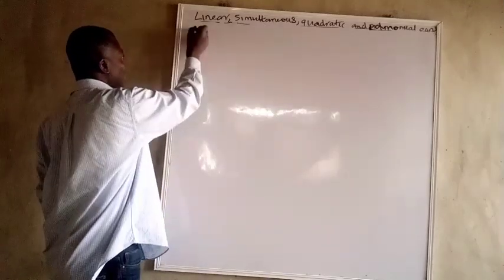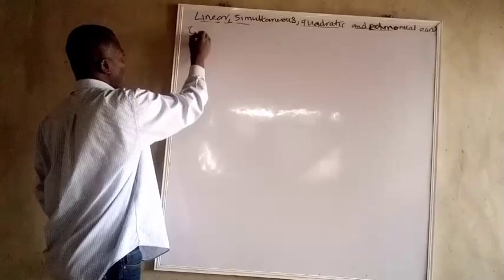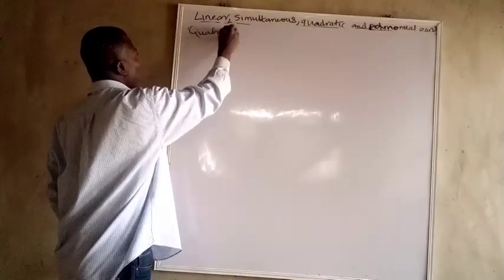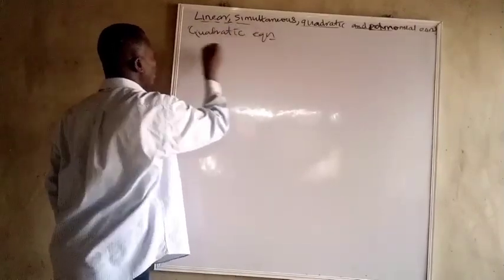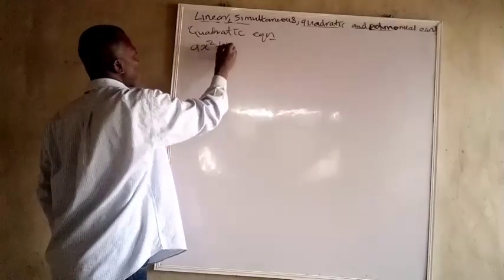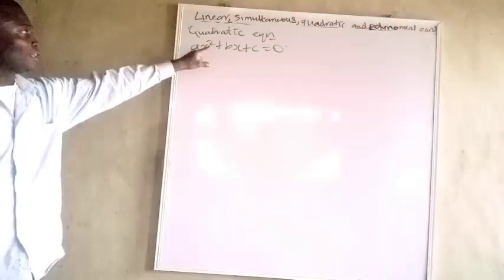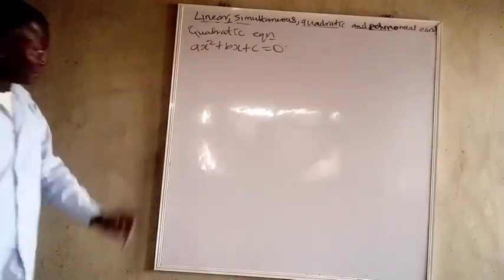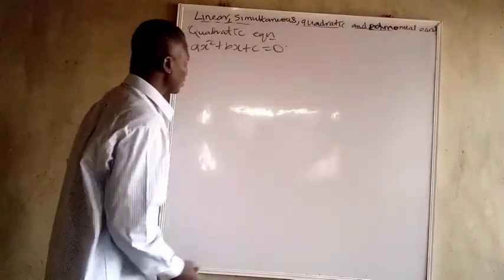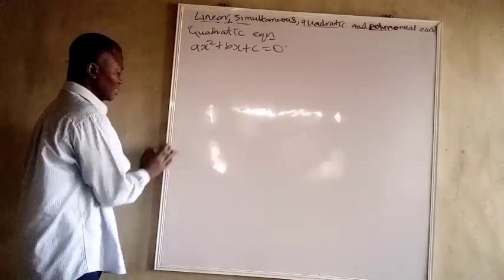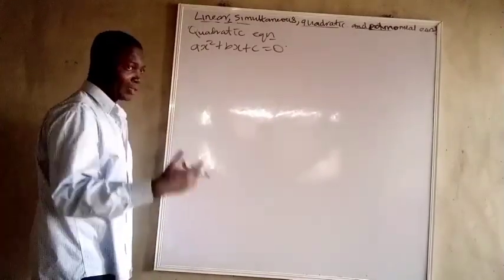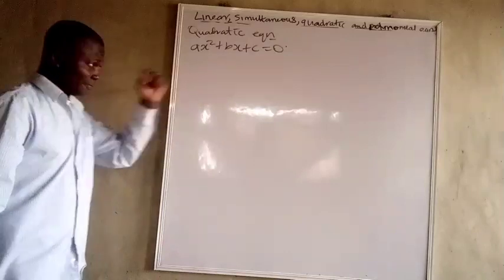For polynomial equations, I said for quadratic, it's always of this form. And because the degree is 2, they always have 2 roots. We have treated how to get the roots, but the relationship between the roots, sum and products, that's what we are talking about here now.